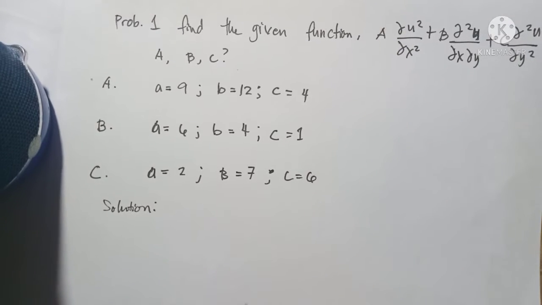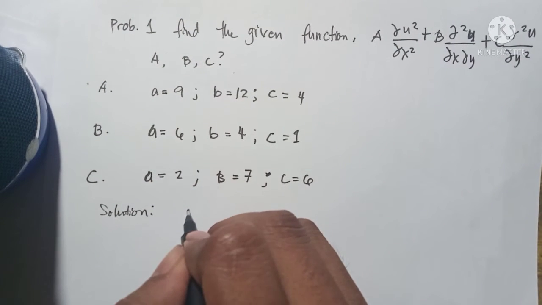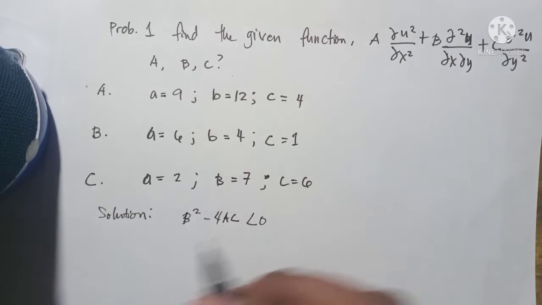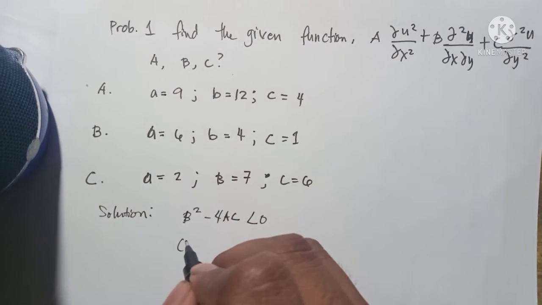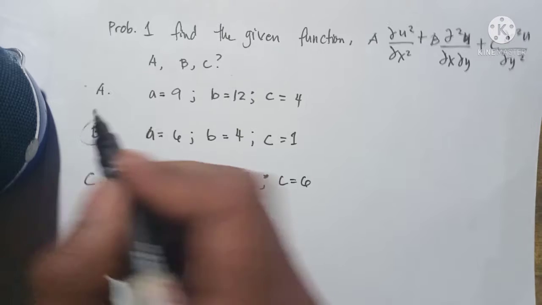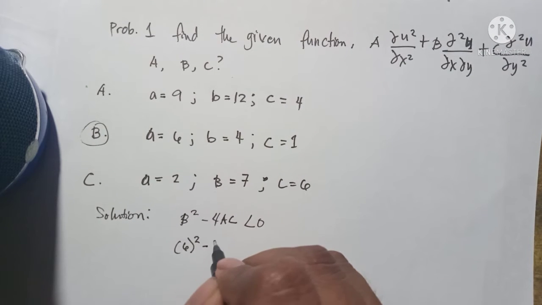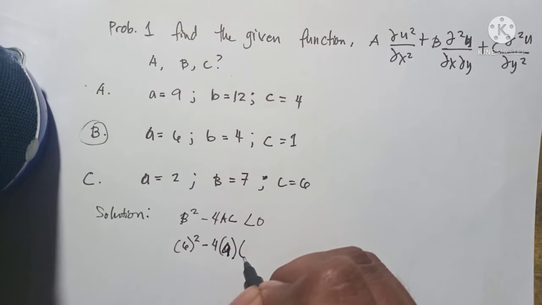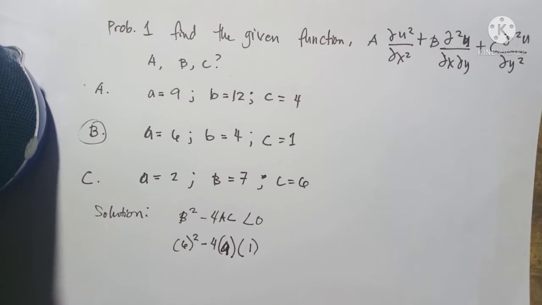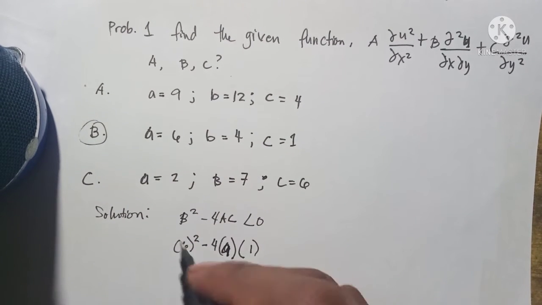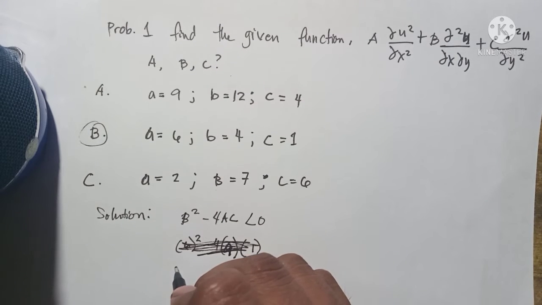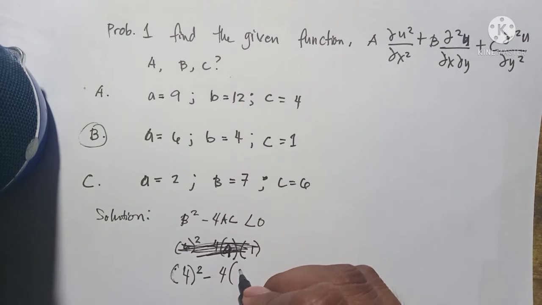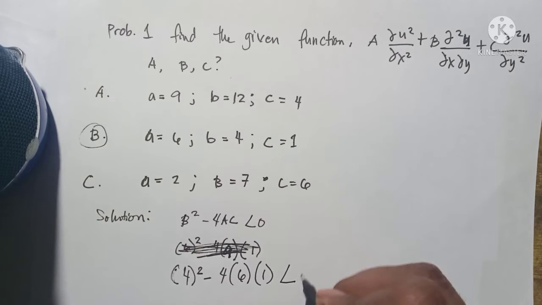Okay, using elliptic PDE, for the formula and for solving this, b squared minus 4ac is less than 0. This is the elliptic. So substitute the values; the answer is letter B. So b is 4 squared minus 4 times a is 6, c is 1, is less than 0.